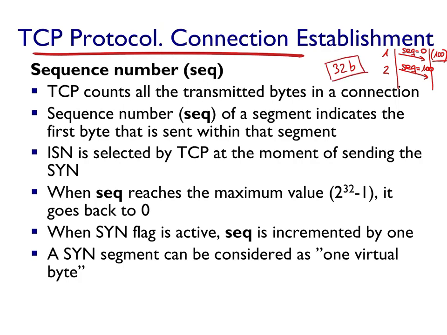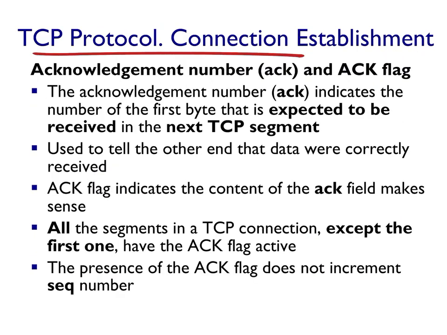Obviously, since there is a maximum value, we also have to reset and go back to 0 when we reach the final number. As I previously told you, when the SYN flag is active, we have to add 1 in the ACK because it's considered as one virtual byte.